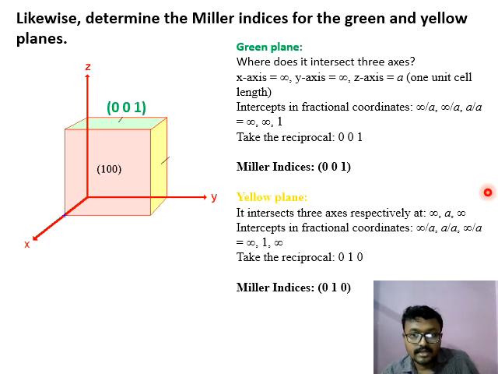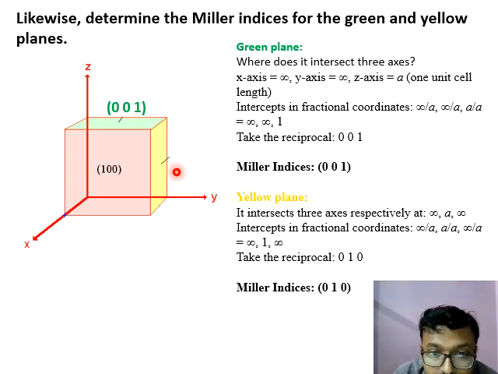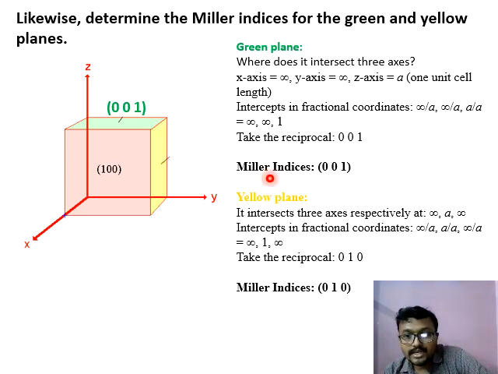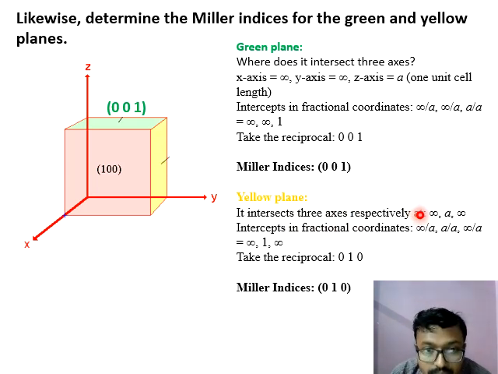Now what will be the Miller indices for this yellow plane? If we see the yellow plane, it cuts the y-axis at distance a, right? It is parallel to the x-axis and parallel to the z-axis. So the intercept of the x-axis will be infinity, the intercept of the y-axis will be a, and the intercept of the z-axis will be infinity, right?